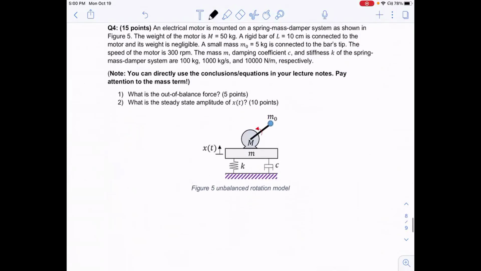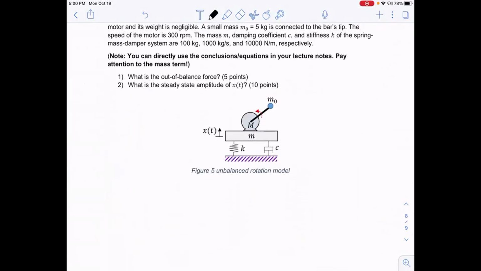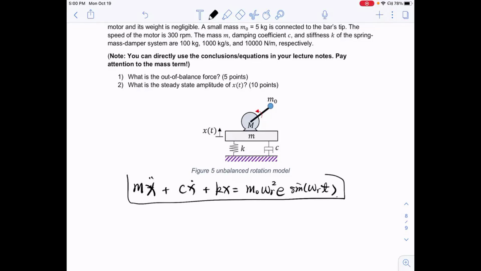So for Q4, I think the most common mistake is how to find the amplitude. So in class, what we got is, right, that's the equation we got in class.